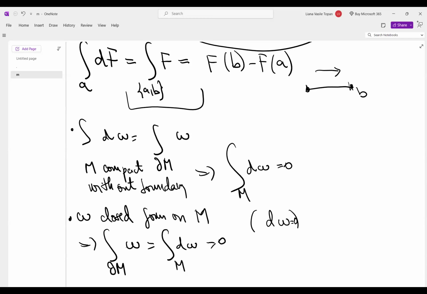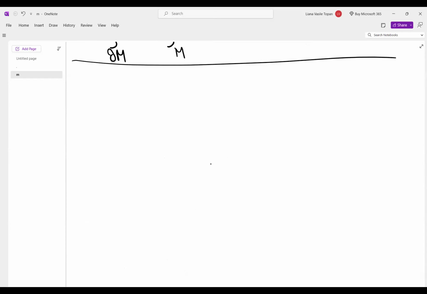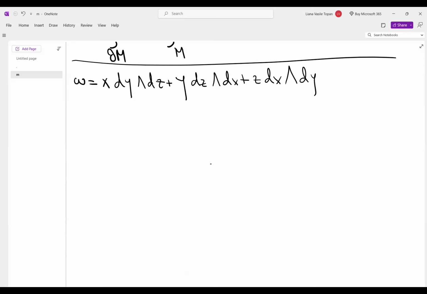So let me take an example here. Let's take the following example. Suppose that you have a two-form on R3, on the sphere, given by omega equals x dy wedge dz plus y dz wedge dx plus z dx wedge dy.